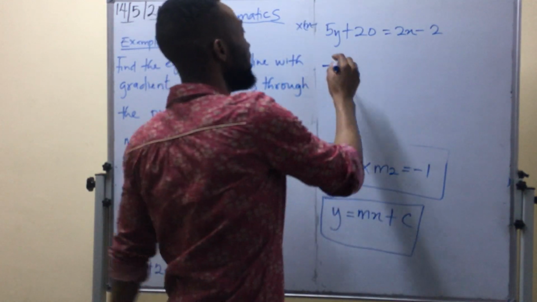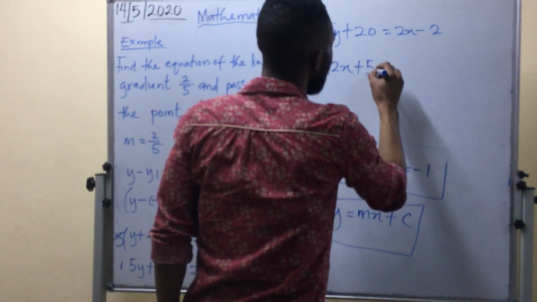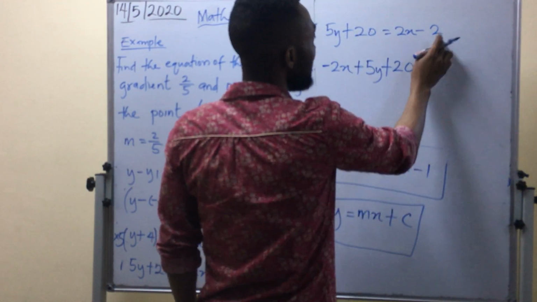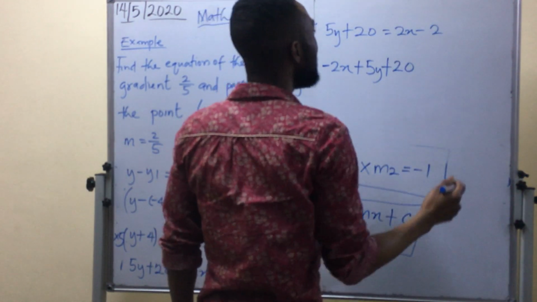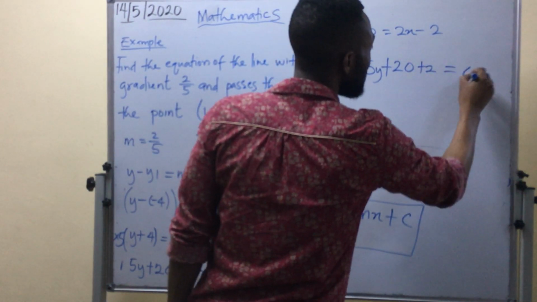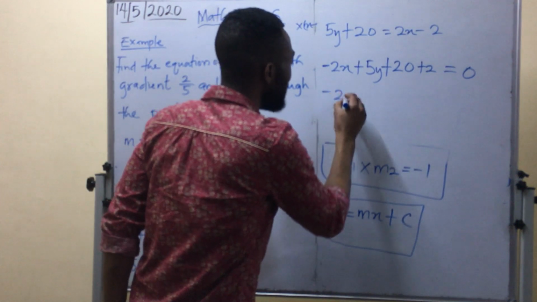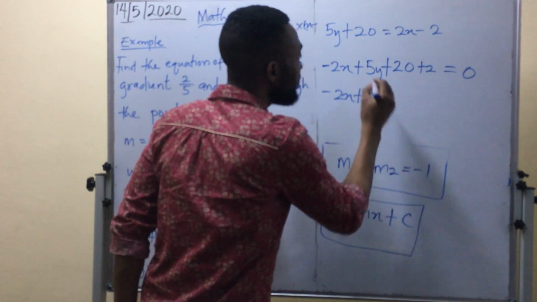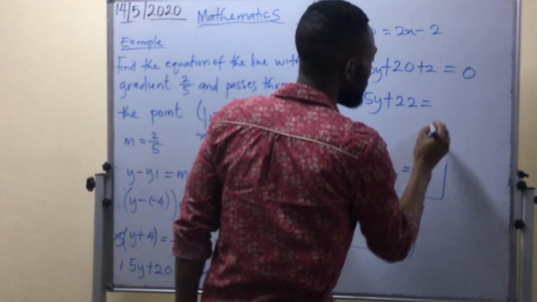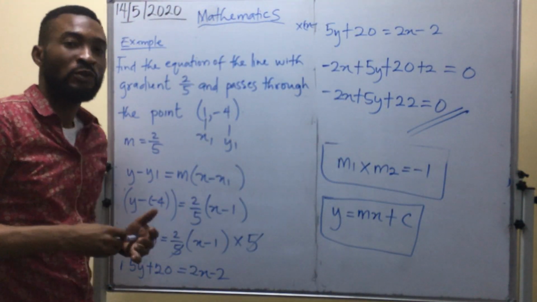Y will follow, plus 5y, then plus 20. Then you bring the -2 in to become plus 2. Everything equal to 0. So now we have -2x plus 5y plus 20 plus 2, then we have 22, everything equal to 0. So this is our equation that we are asked to derive.